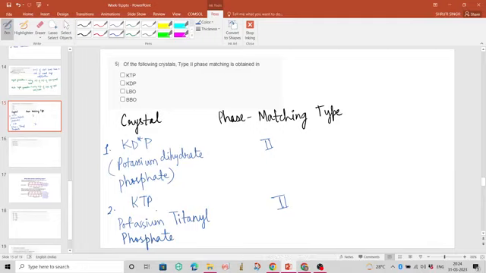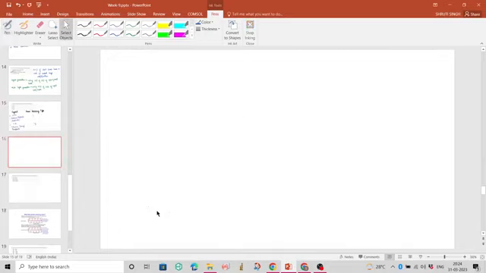Okay. So the next one, which we use mostly, third is BBO, which is beta barium borate. The formula is BaB2O4.